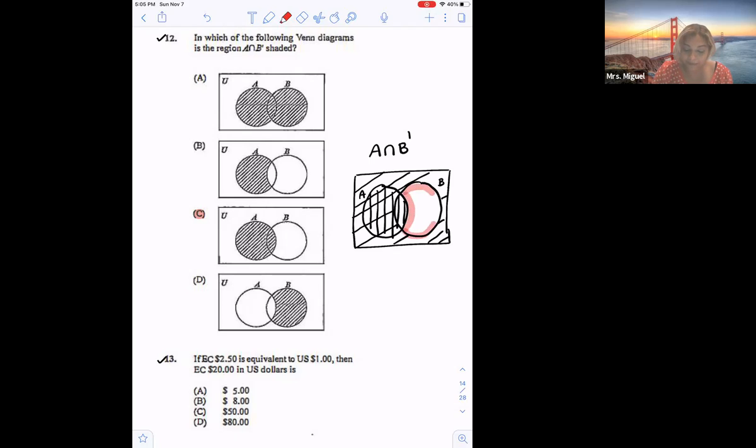And according to my diagram and my list of options, this is C. Do you all see that? Do you all understand that? Yes or no? Do you all understand that?